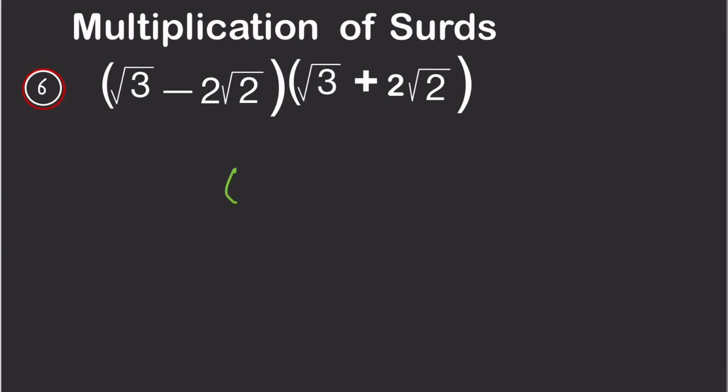If I have 5 minus 2 and 5 plus 2, I can simplify this by multiplying the first times the first. They have to be the same, and the only difference should be the sign.